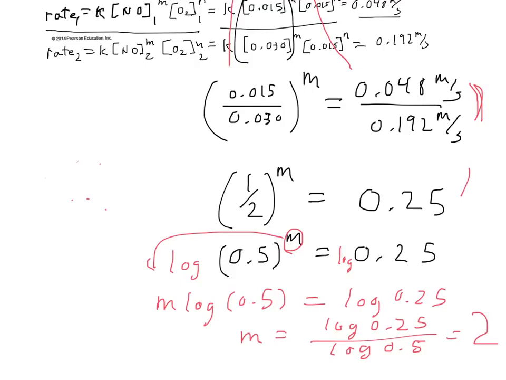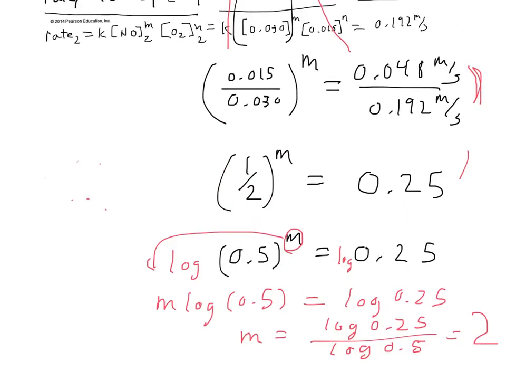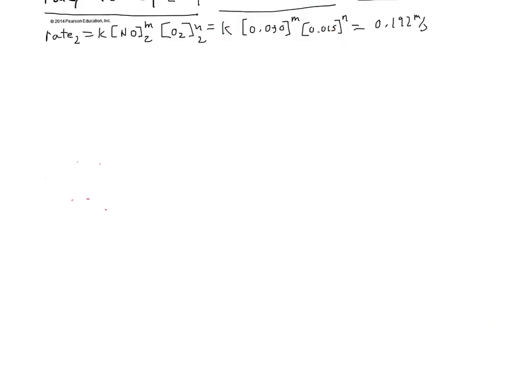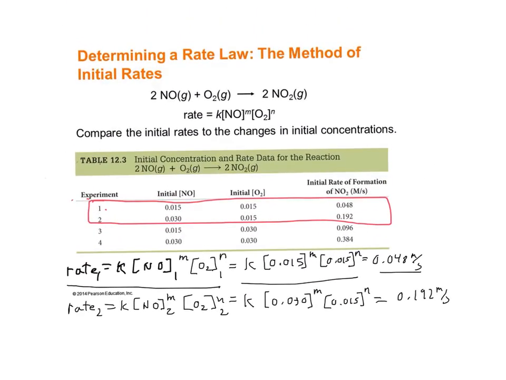So if we go back up to our rate equation now, we now have the value for m. We now know that m is 2. Alright, so how are we going to find k and how are we going to find n?